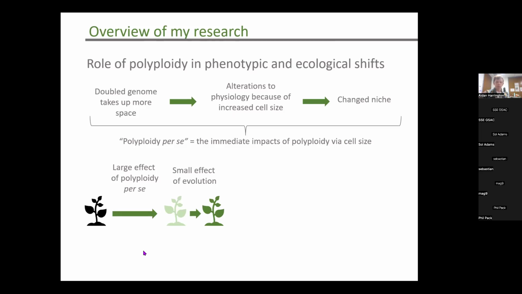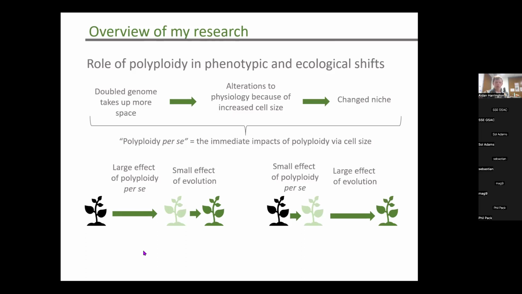And as I mentioned, this effect of polyploidy per se could be large in terms of how it influences phenotypes or ecological trends or patterns, or it could be relatively small compared to the later evolution that has taken place after the polyploid has formed. And it's this gap here, whether or not this effect of polyploidy per se is really what's driving observed shifts in polyploid ecology.